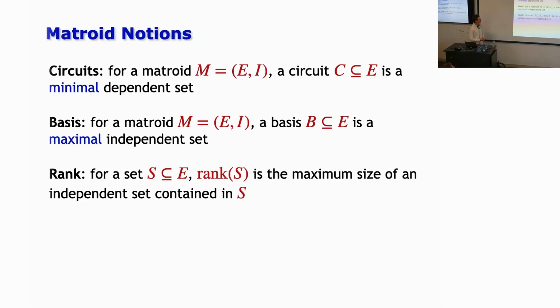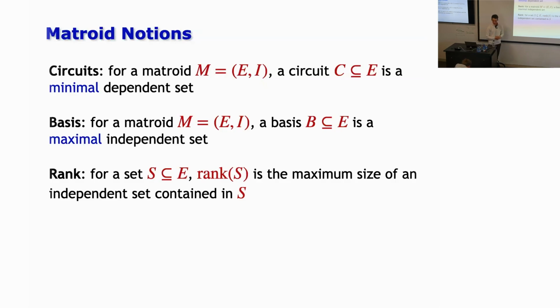A basis is kind of the opposite on this side of the spectrum. So again, you're given a matroid M. A basis is a subset of elements which is a maximal independent set. So what does this mean? On its own, the set B is independent, but any other element that you try to add to the set B will make that set become dependent.